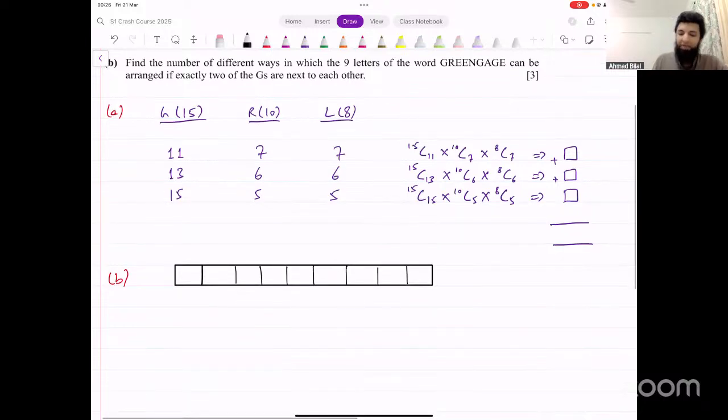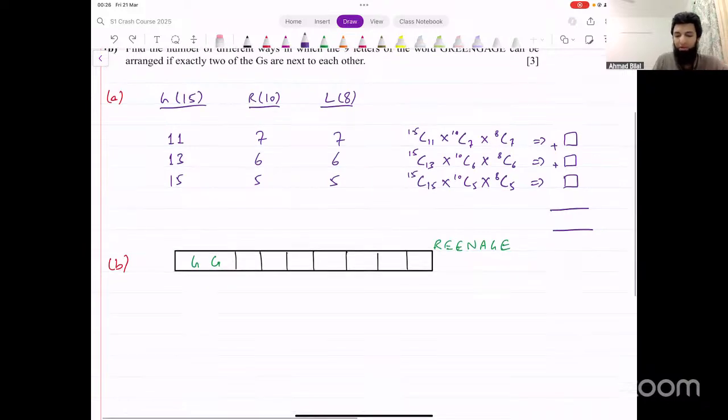The 2 G's have to be together, so let's put them in a single box. And then the remaining letters are R, E, E, A, N, A, G, E. These are the remaining 7 letters. And you could do it like this. So that would be 8 factorial.